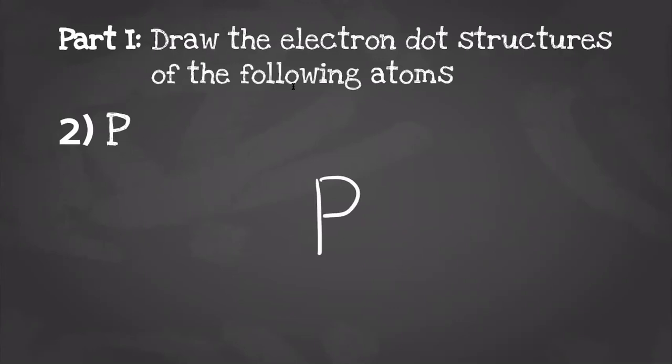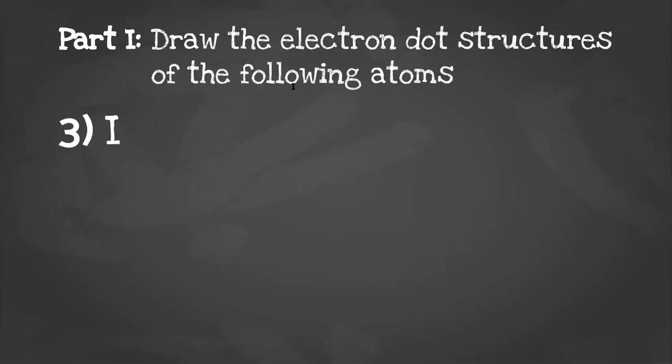Now, we have to remember Hund's rule, where we have to fill up every sublevel before doubling up. And in this case, we have to fill up every side before we can start doubling up valence electrons. So, 1, 2, 3, 4, and now I can start doubling up 5. And that's it.